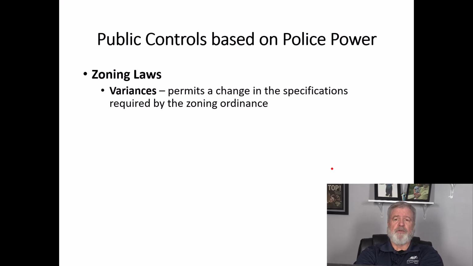Now, is it possible that maybe you decide, let's say you've got a piece of property and it's zoned commercial. Now, when it comes to commercial, there are different classifications of commercial. You've got like C1, C2, C3, and so forth. So not all commercial properties are considered the same.